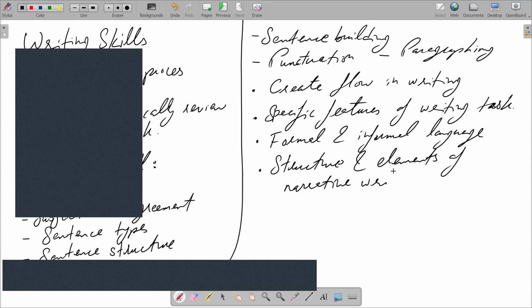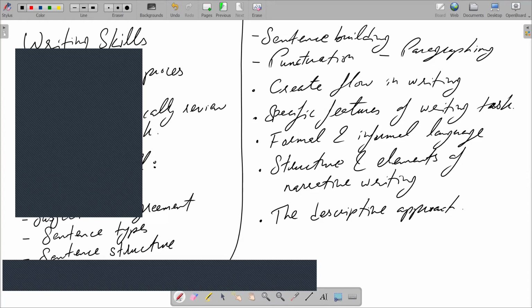And finally, right, the descriptive approach. So if anyone, even if you are inclined towards a narrative, we will touch on this topic. So how to deal with a descriptive writing task.